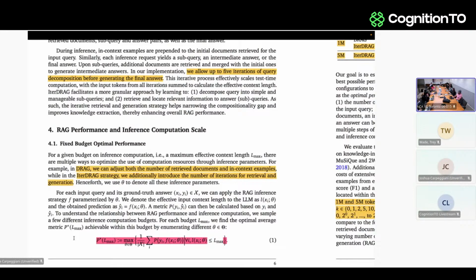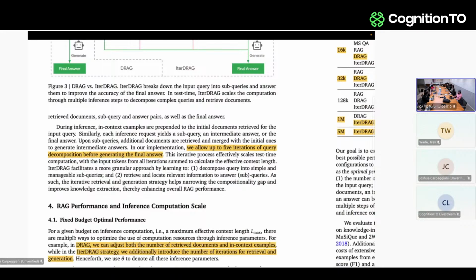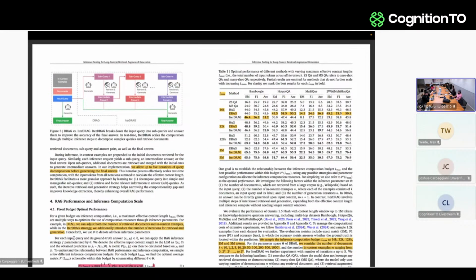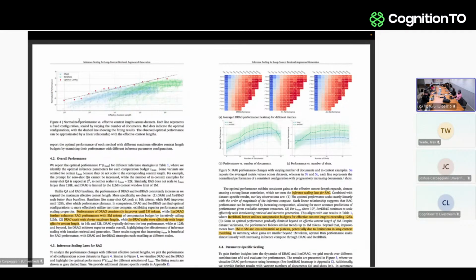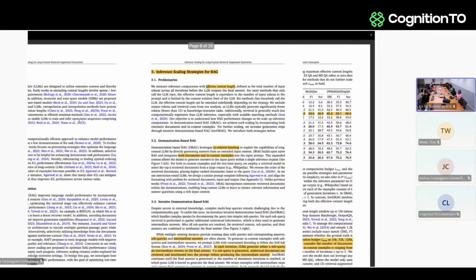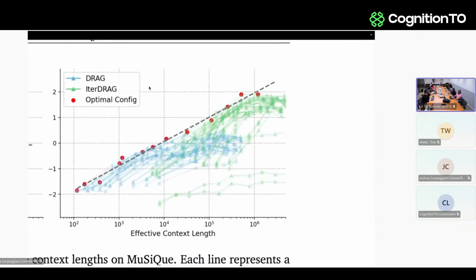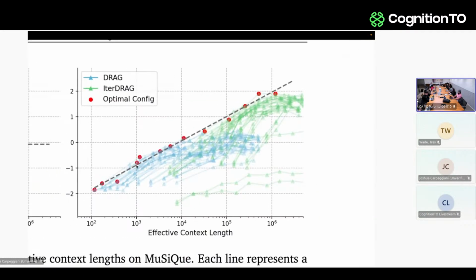The red dots in the graph, I think, are supposed to be their computed model performance that they hope to aim for. Well, that's the highest downstream performance on a particular context length.